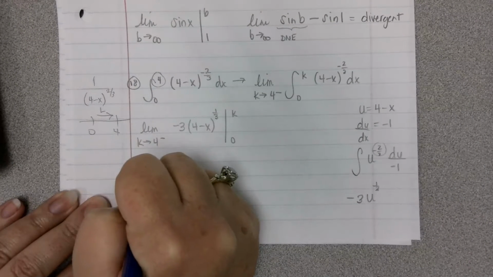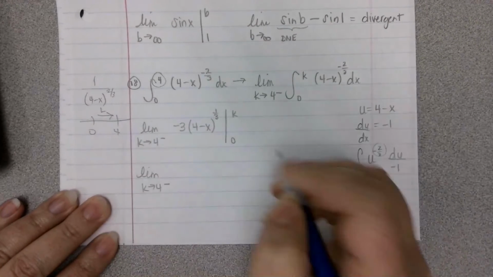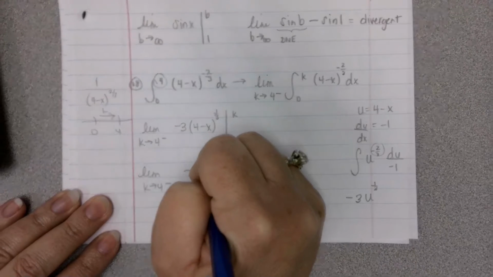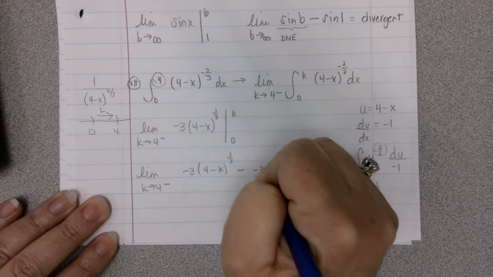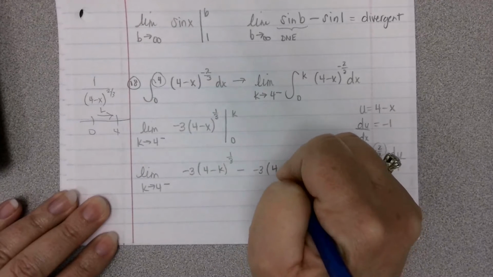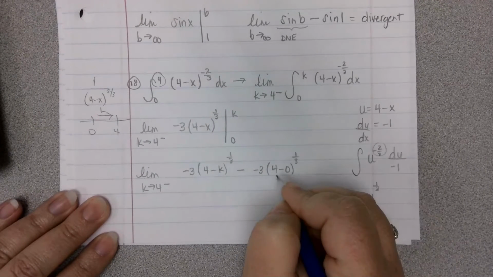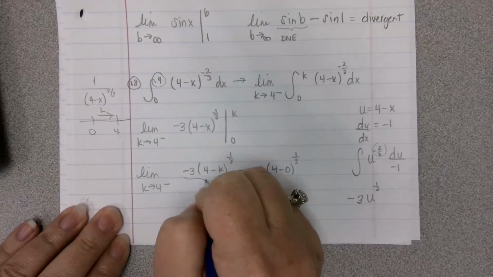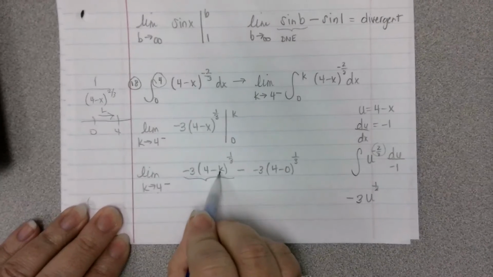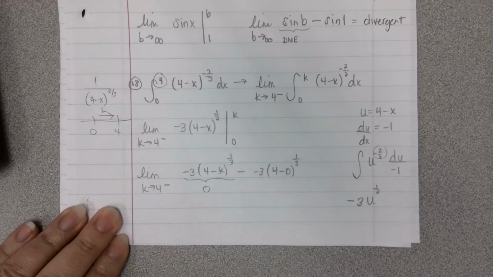So the limit as k approaches 4 from the left of negative 3 times (4 minus k) to the 1/3, that's negative 3 times (4 minus 0) to the 1/3. So basically 4 to the 1/3. Now, when you plug in a 4 here, you get 0, so this whole thing goes to 0.